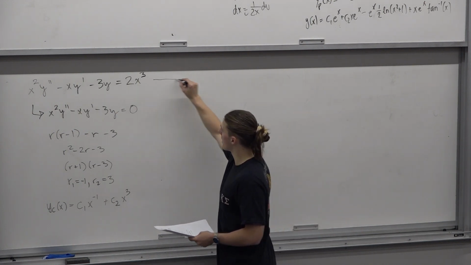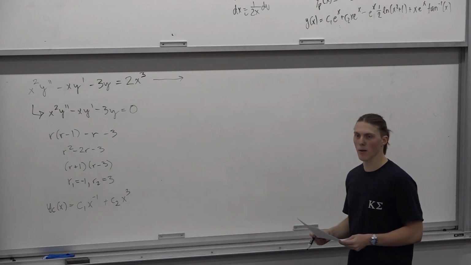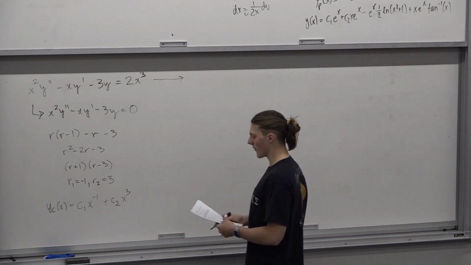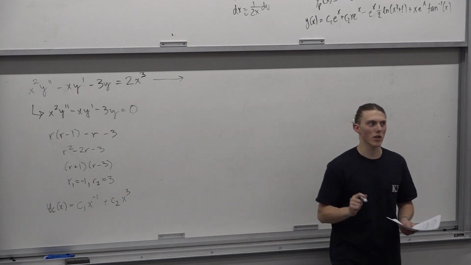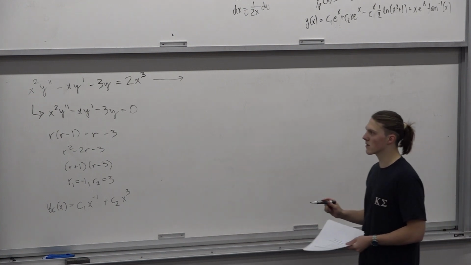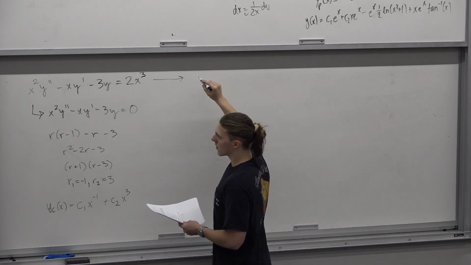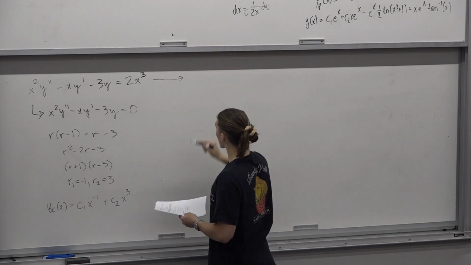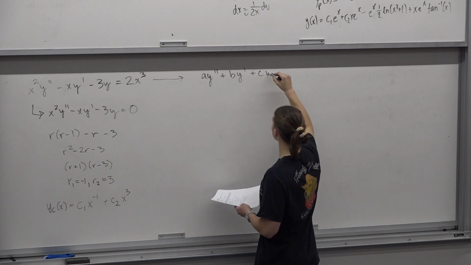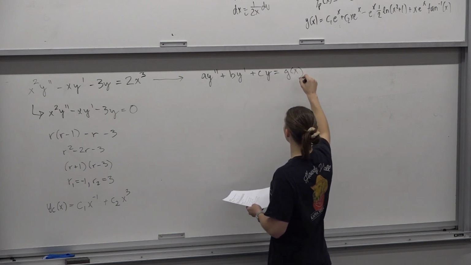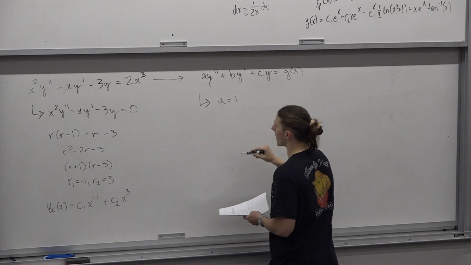Now we can focus on this g of x, and let's try variation of parameters again. It's really important to note, though, with variation of parameters, you need a specific setup. When you have an equation like this, to use variation of parameters, you need a to equal 1.